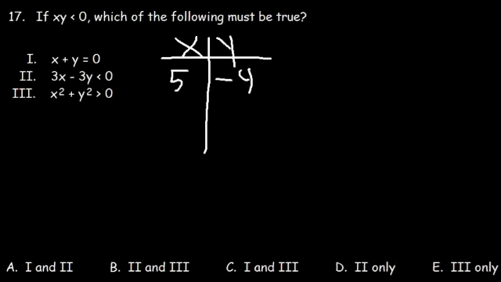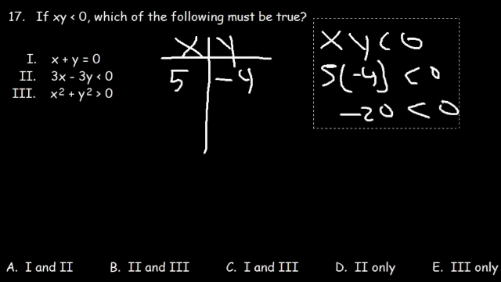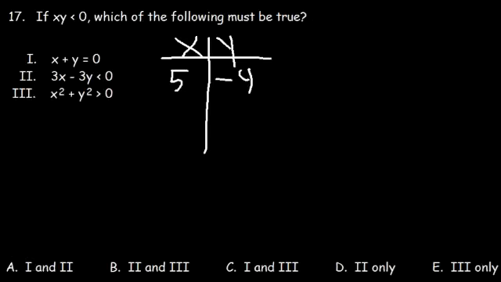So looking at equation 1, well, first, xy must be less than 0. So 5 times negative 4 is less than 0 because negative 20 is less than 0. So 5 and negative 4 works. It's true for this equation. So now we can test each of the choices to see which one is true.